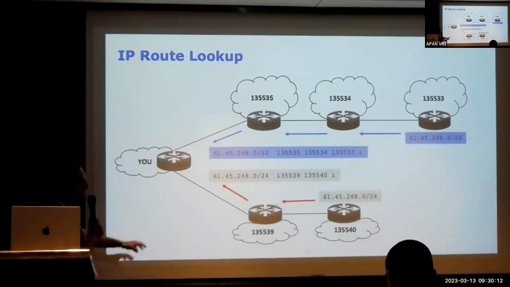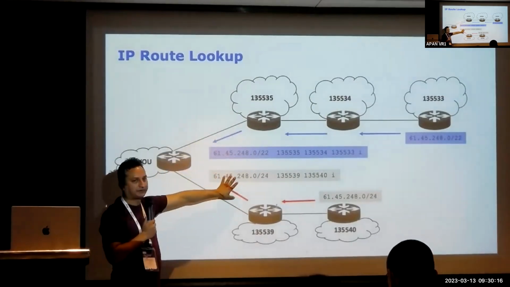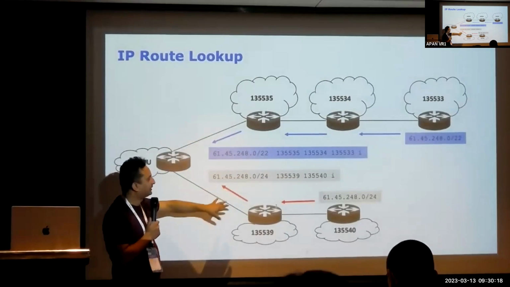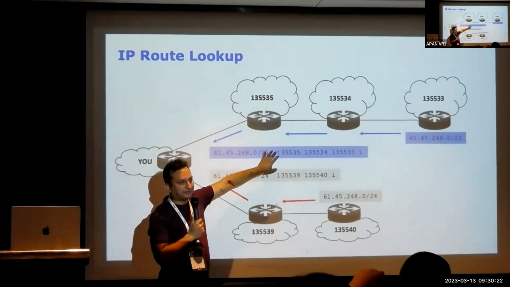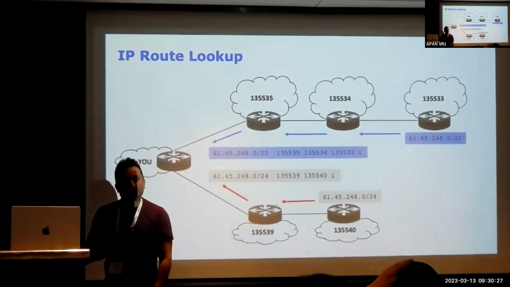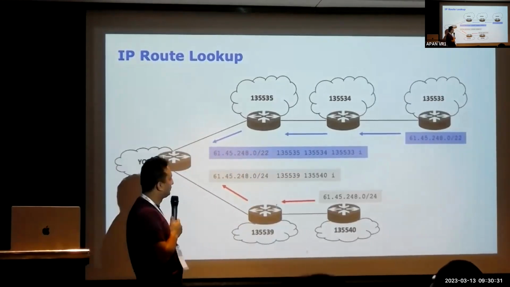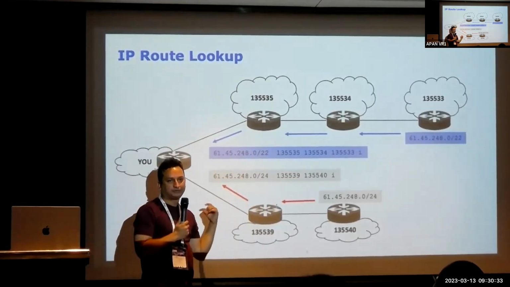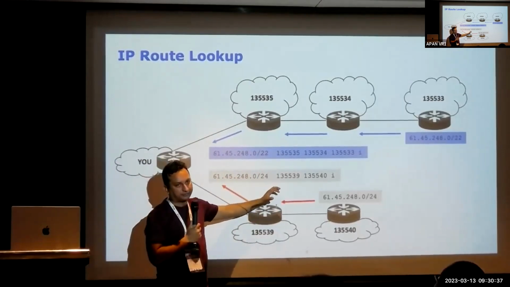If you compare these two in terms of path, this has the shorter path. And if you compare them in terms of prefix length, this is a slash 22 and this is a slash 24. At the beginning we talked about how the shortest path should always be preferred, so it would always prefer this particular path.